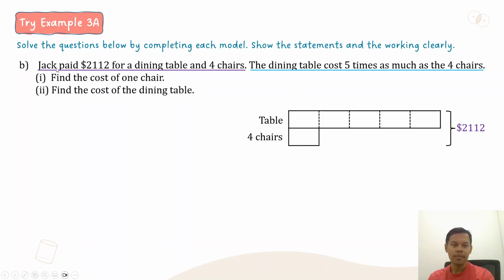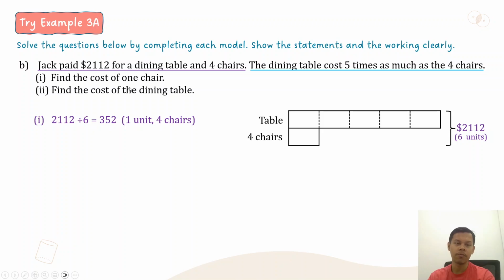Okay, now they are asking to find the cost of 1 chair, right? This $2,112, we need to divide by how much? 1, 2, 3, 4, 5, 6. Yes, it's equal to 6 units. So we just need to divide 2,112 by 6. We are going to get $352. This is including the table and the chair.